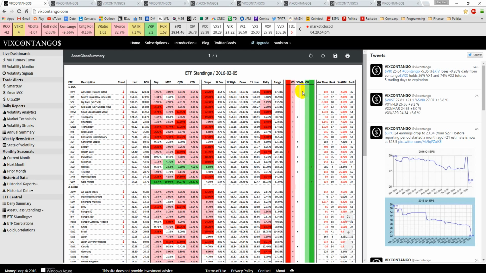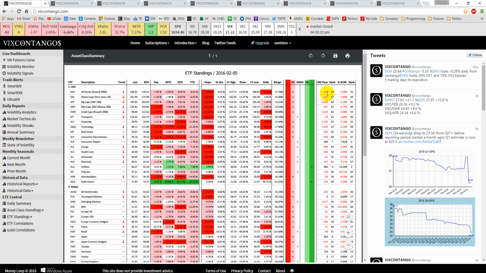This thing here is between 0 and 1 standard deviations. The overbought line here is between 1 and 2 standard deviations above the 50-day moving average, and the darker green is 2 standard deviations and above. So this is almost as if you're looking at the Bollinger Bands of the 50-day moving average, and this is where the price would be within those Bollinger Bands.